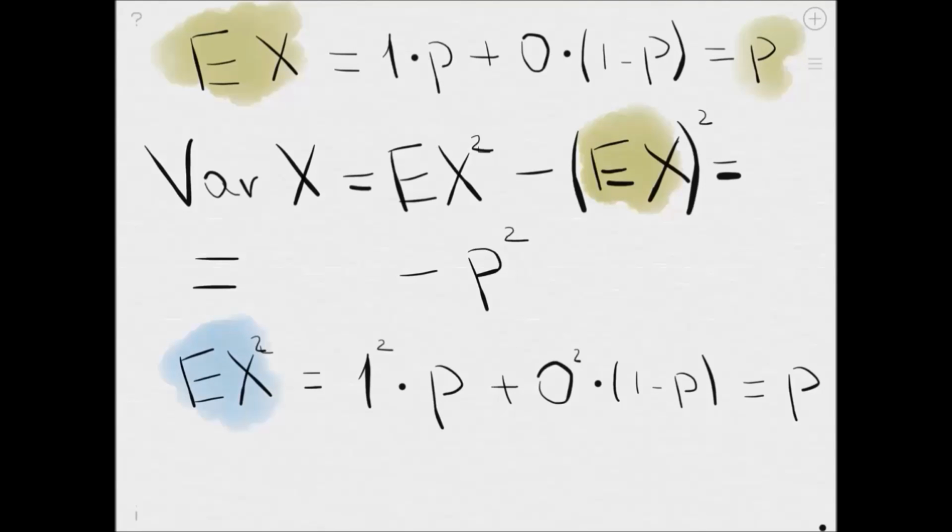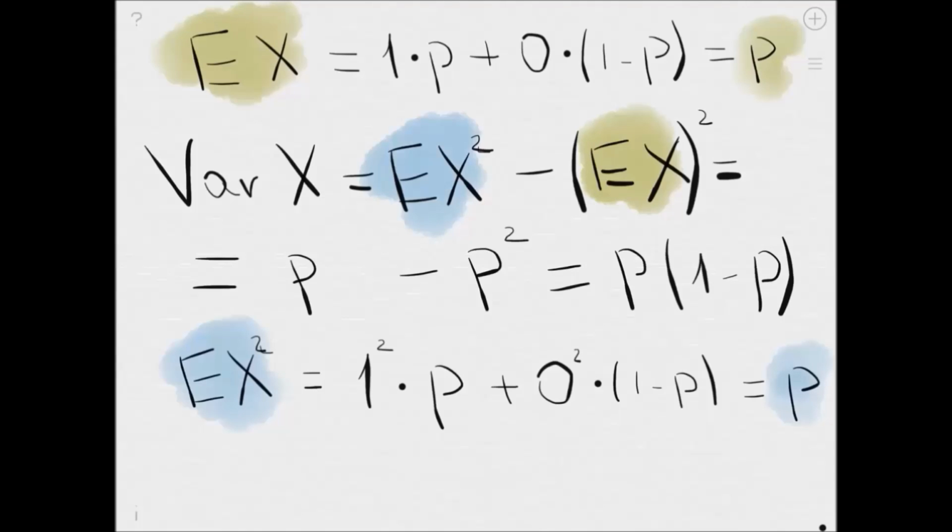So now we have left side of the formula and we can write it. The variance is equal to p minus p squared. We can rewrite it in this way: p multiplied by 1 minus p, the probability of success multiplied by probability of failure.